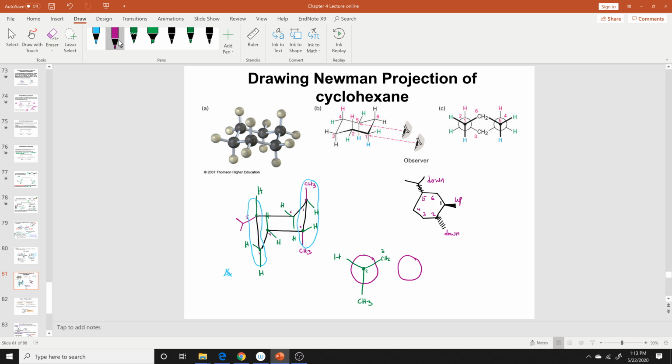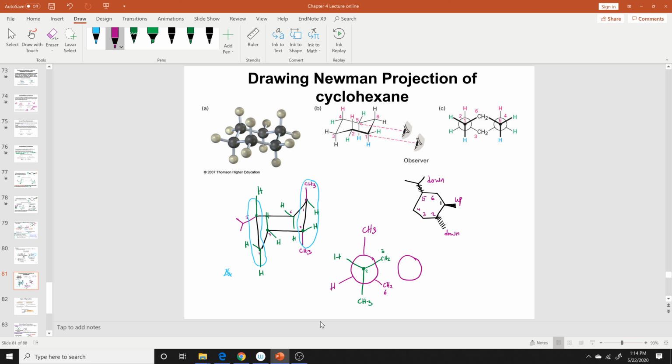I'm going to use another color there. It has a hydrogen here. And then this carbon is connected to carbon 6. This is going to be a CH2, which is carbon number 6 over there. So I'm done with the first Newman projection.